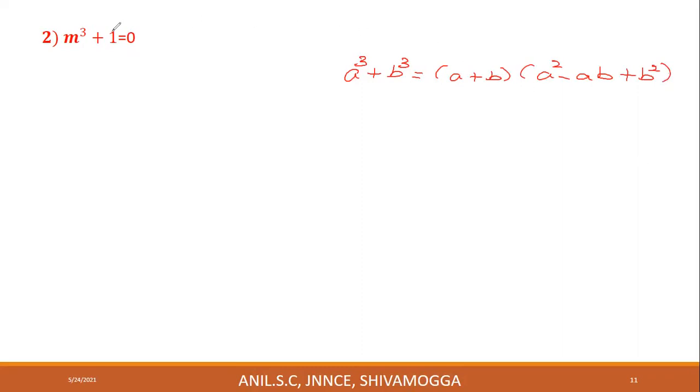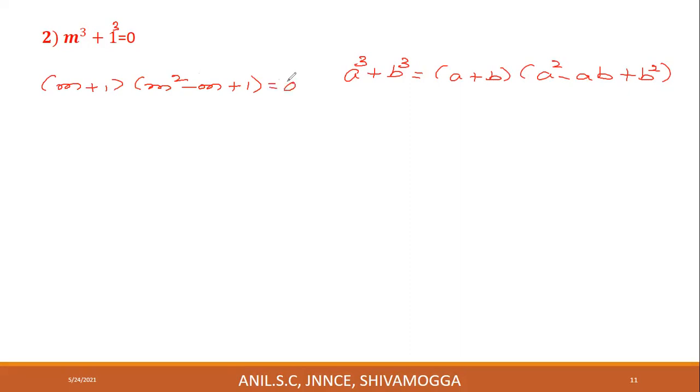M cube plus 1. 1 can also be written as 1 cube. So writing m cube plus 1 is equal to 0 is same as writing m cube plus 1 cube is equal to 0. Clearly, it takes a cube plus b cube form. It can be written as a plus b, that is m plus 1 into a square, m square, minus ab, minus m into 1, plus b square. B square is 1.